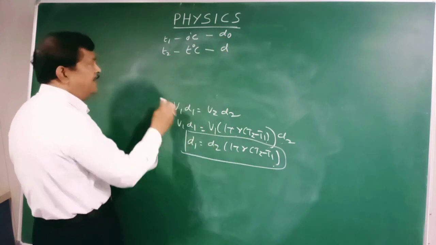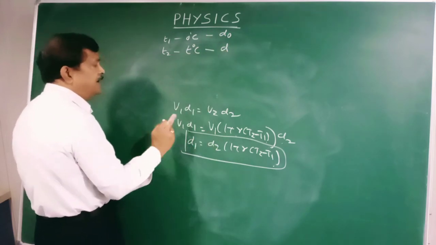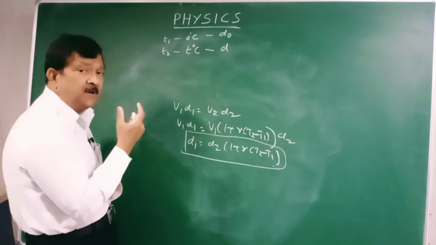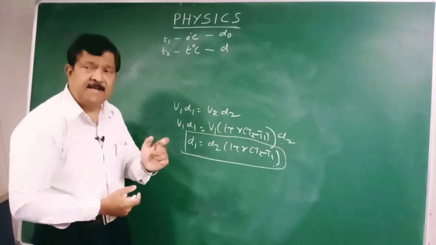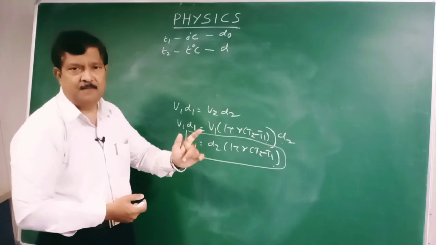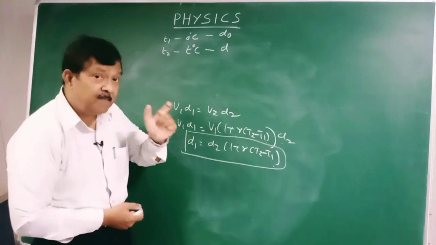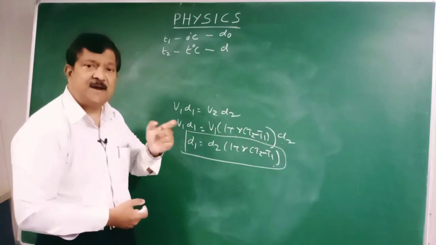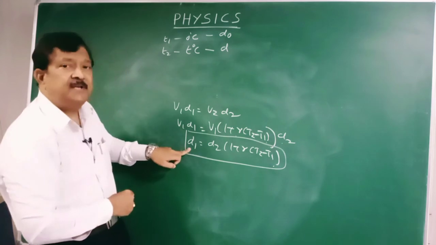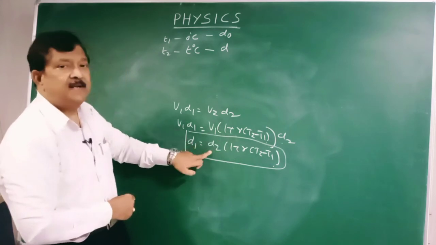Now what will be the values here? D1 is the density at lower temperature. We have to remember that when the temperature is increasing, volume is increasing, but density will decrease to keep the mass constant. That's why at lower temperature, density is more. At higher temperature, density is less.